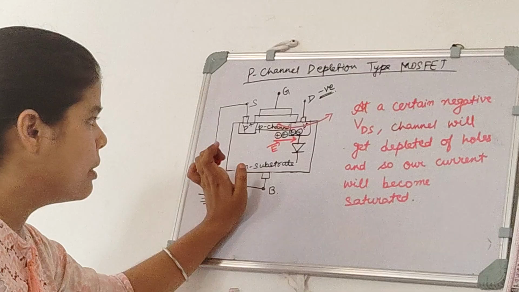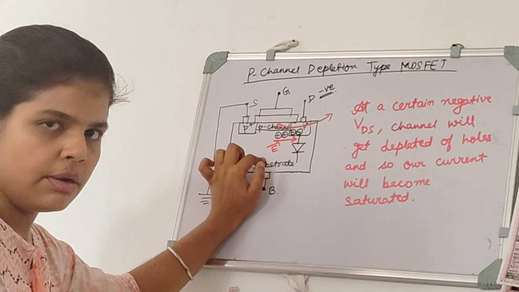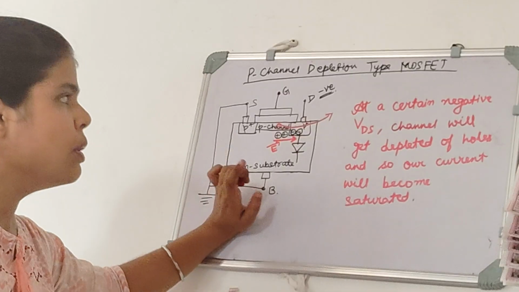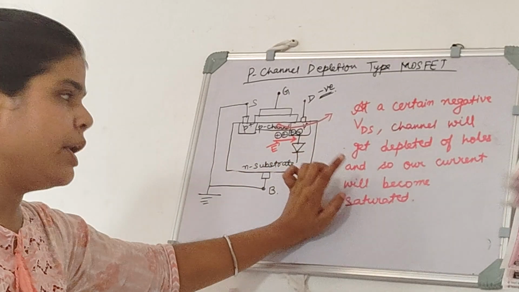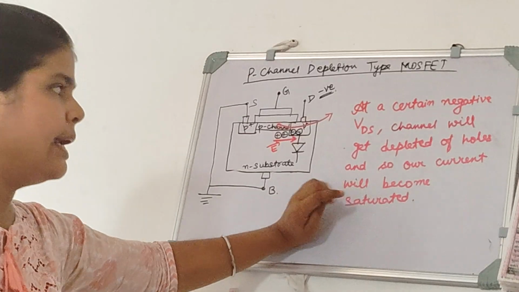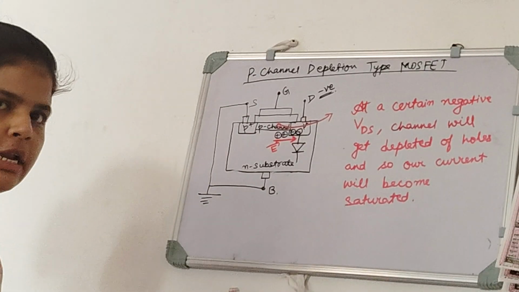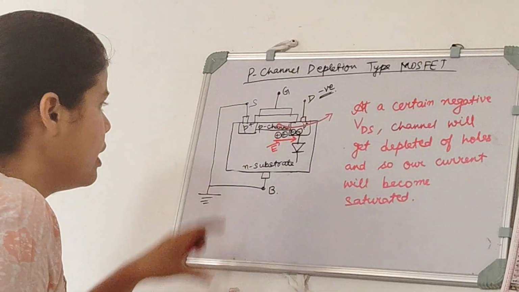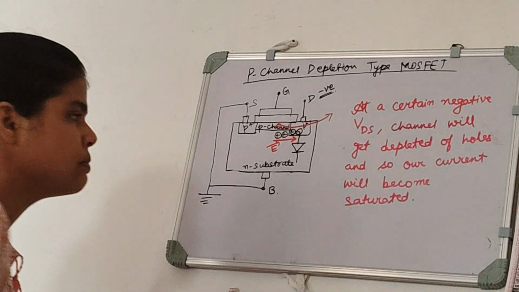So our electric field is stronger, but there are very less holes in the channel. So a time will come when our channel will get so depleted of holes that our current will become saturated. After that, our current won't be able to increase even if our electric field is so strong.